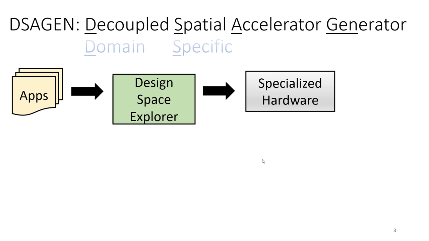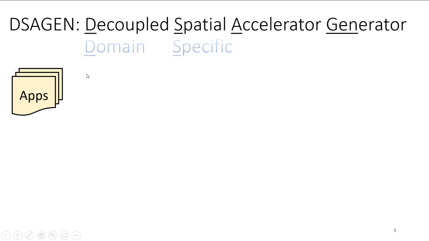What makes DSAGEN unique compared to prior work is that it can automatically develop specialized accelerators for a set of input applications with moderate human intervention. Our approach to programmable accelerator design automation is the following. A set of target applications are fed to a compiler.